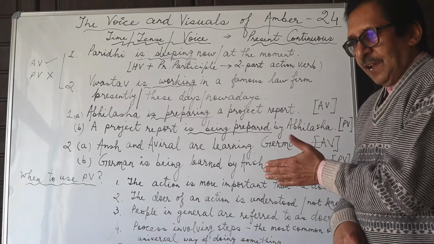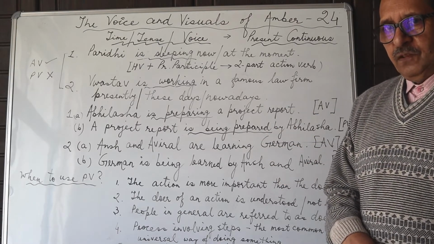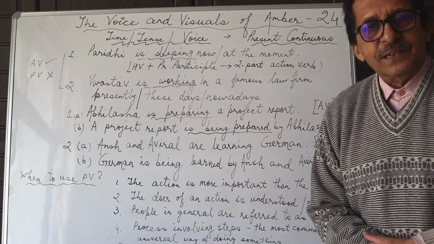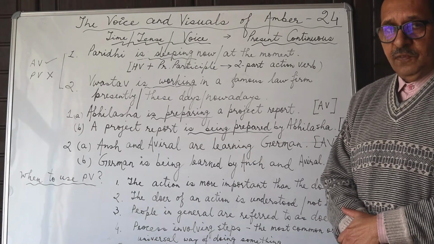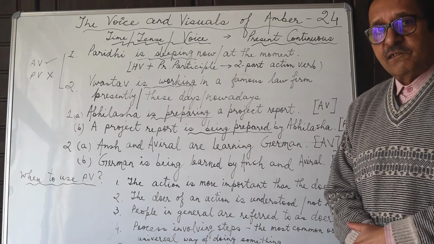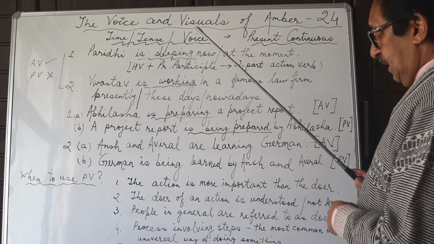Or something else is the result of the action. So which we can very commonly say there has to be some sort of a receiver of the action for the verb to be transitive. So this is also an intransitive verb here.